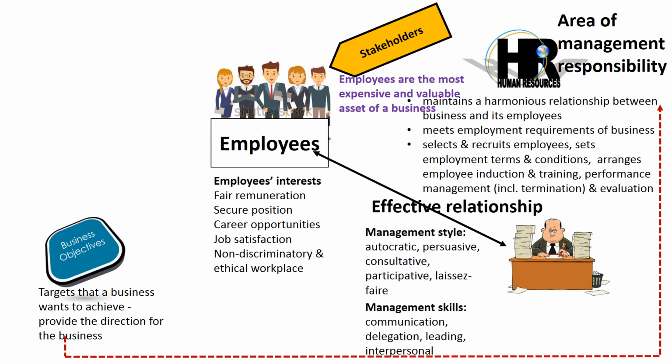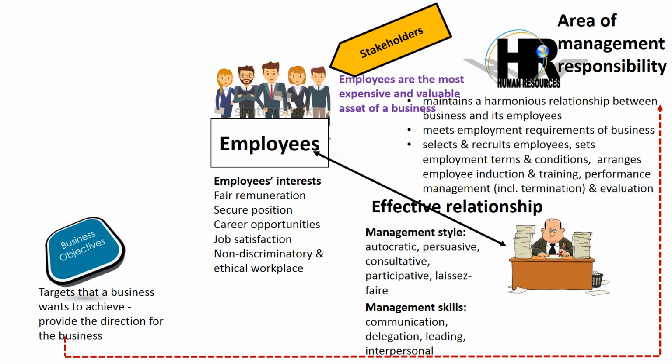Now, it's important to recognise that the Human Resources Area of Management Responsibility works for the business, not the employees. It is not there to argue the case for employees, for example, receiving higher wages. Instead, it's there to help the business achieve its objectives.